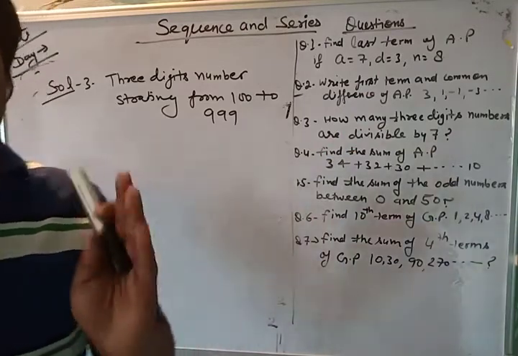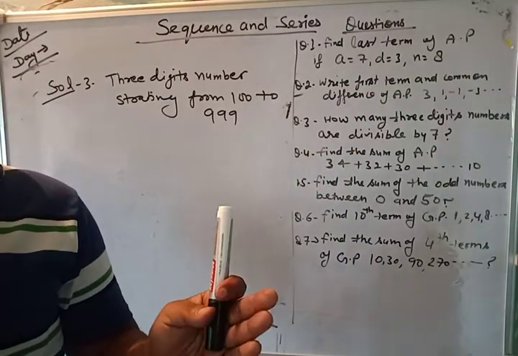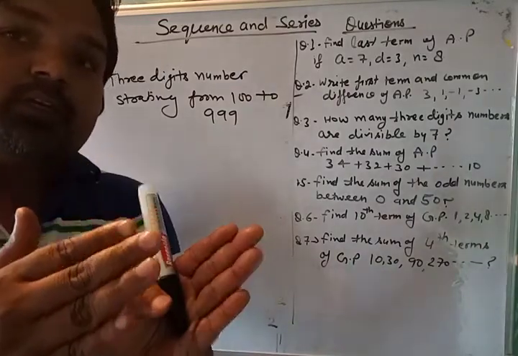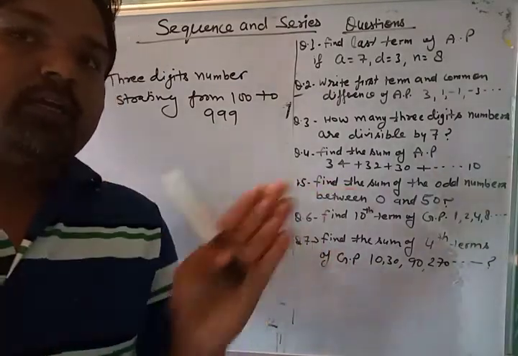The 3-digit numbers start from 100 to 999 in our counting. So firstly we will check which number is divisible by 7 between 100 and 999.